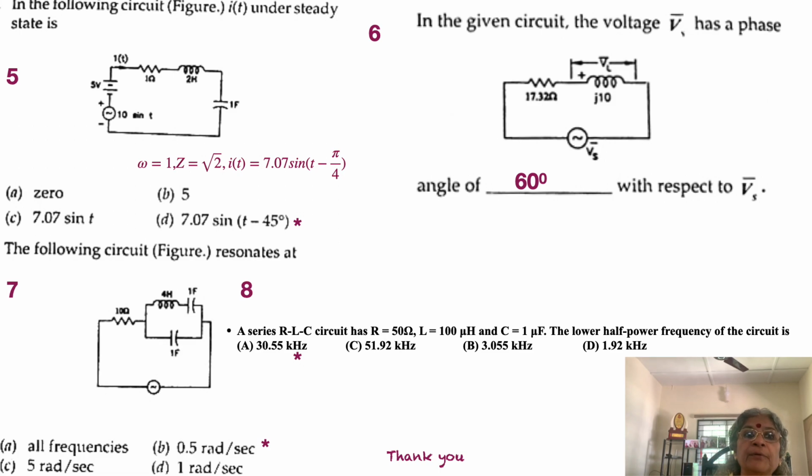Since power is proportional to I square, it is V square divided by R square plus omega square L square, or X square. Then you can calculate the total impedance, where the reactive component is given by omega L minus 1 by omega C.